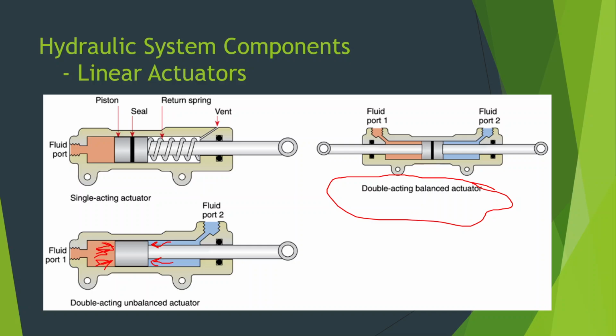Now, this is kind of an oddball, this double acting actuator. You can see it's got a connection point at both ends. Most of the time, they don't have a connection point at both ends. They simply have what's called a dummy shaft.